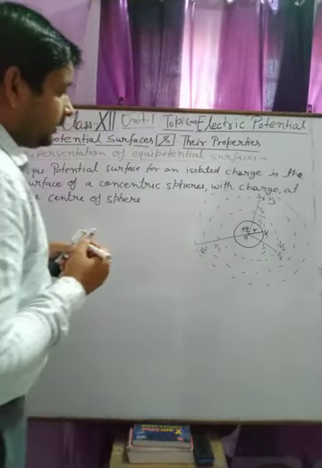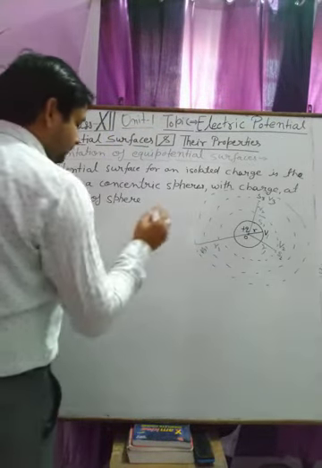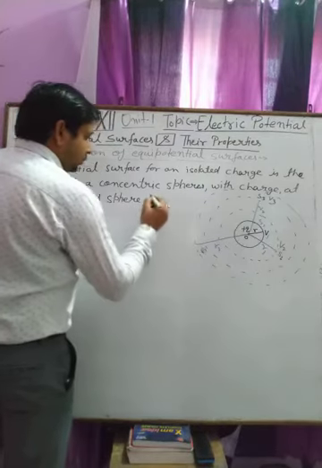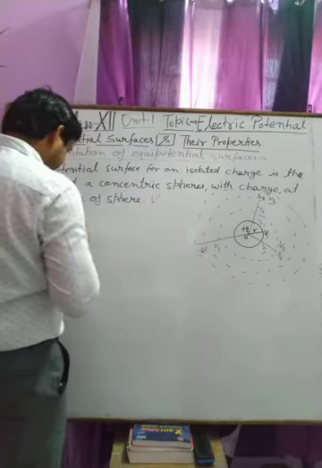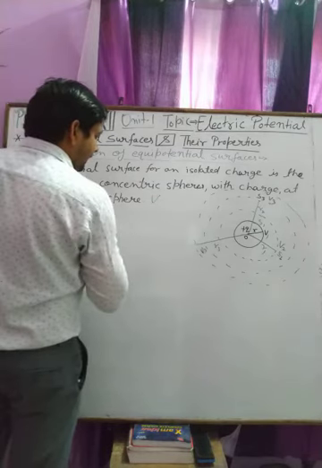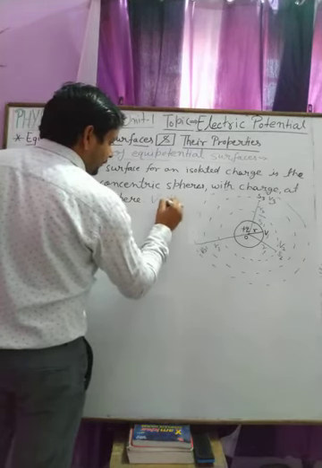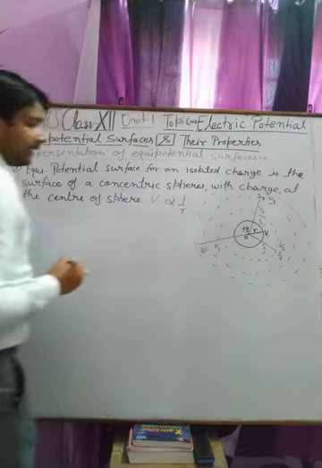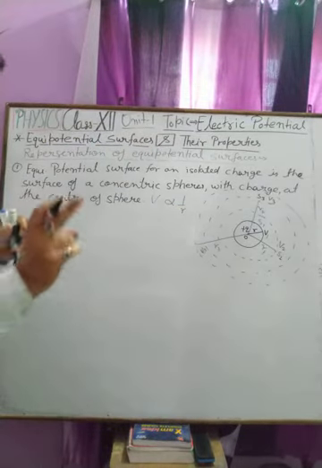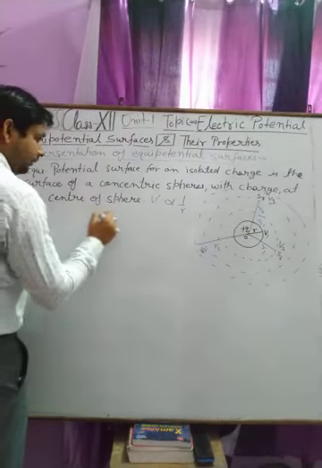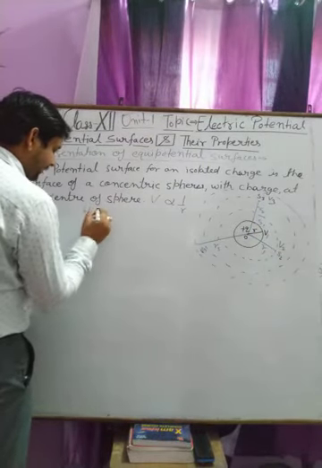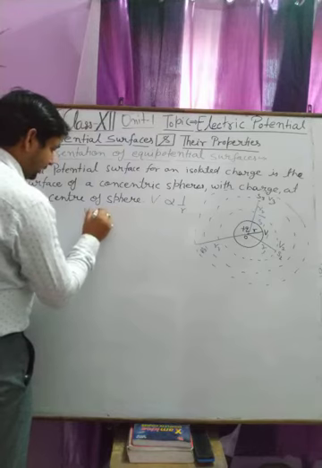These are the potentials. So, according to the rule, potential is inversely proportional to the distance. That is, as distance increases, potential decreases.